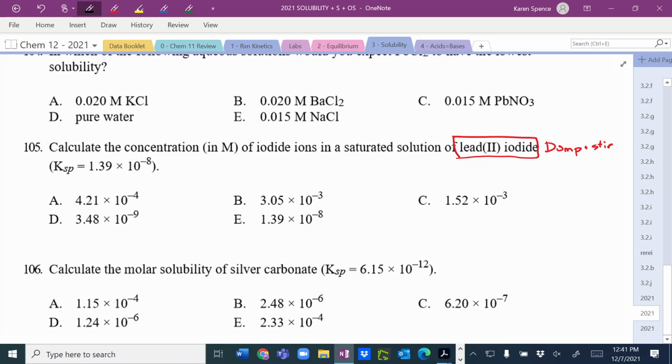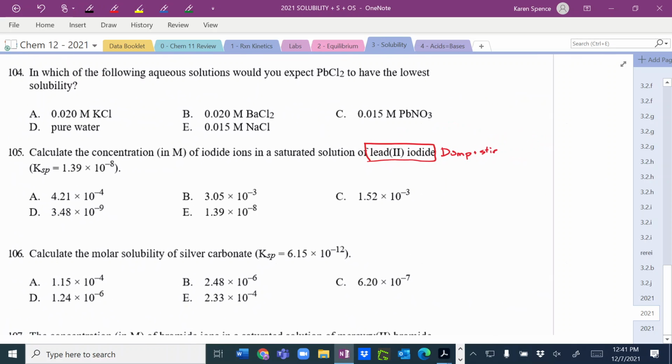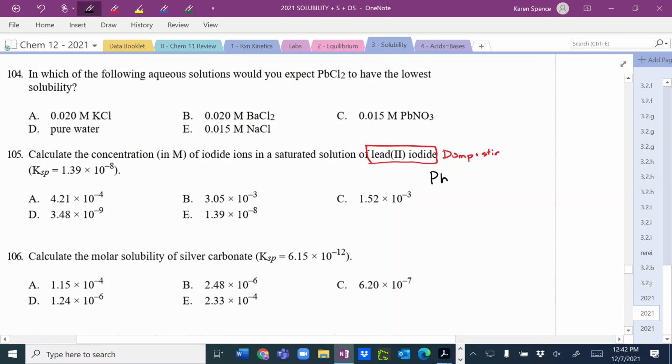So we are going to have PbI2 dissociating into Pb2 plus and 2I minus. And if I want to know something about the iodide concentration, I'm going to say let X be the concentration of PbI2 saturated, which of course is the solubility.